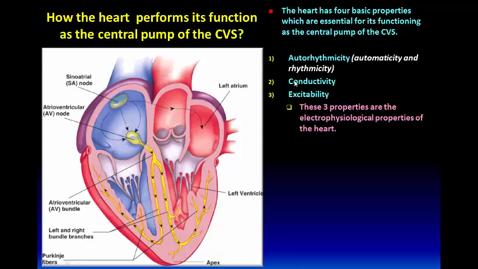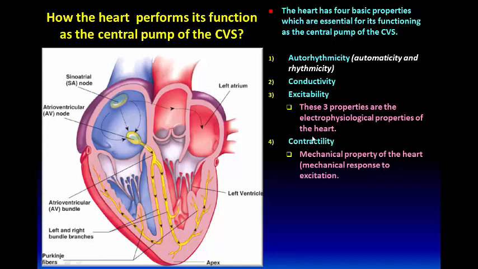So the second property is conductivity, and the third physiological property is excitability. These 3 properties, autorhythmicity, conductivity, and excitability, are the electrophysiological properties of the heart. The 4th property is the contractility, which is the mechanical property of the heart and the mechanical response to excitation.